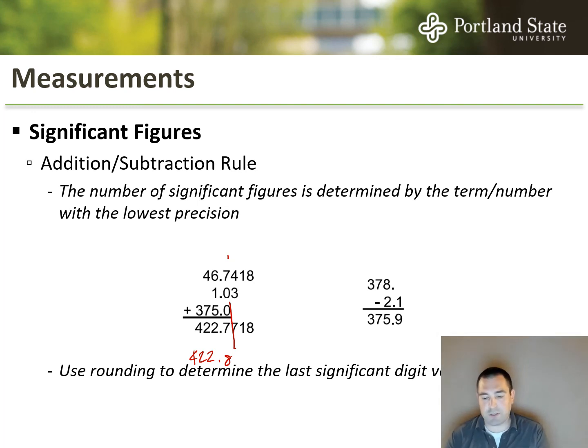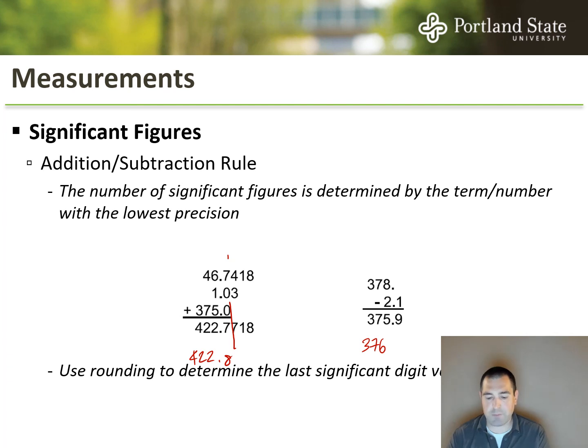Likewise, for subtraction, my least precise number is 378. It has its least precise digit in the ones, and therefore I would round this, and 375.9 would round up to 376.